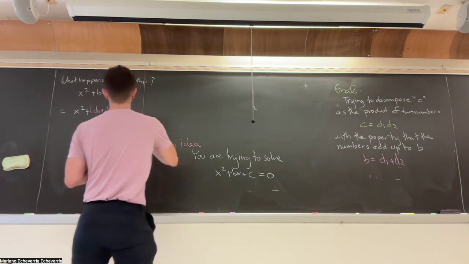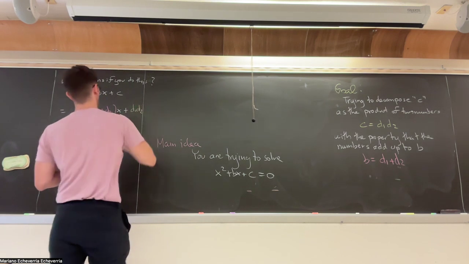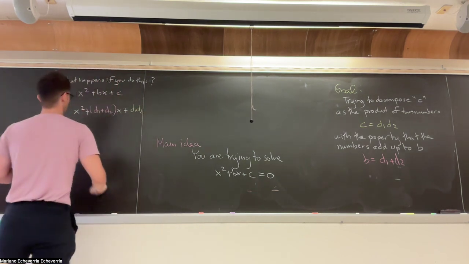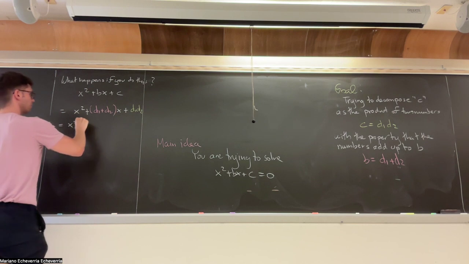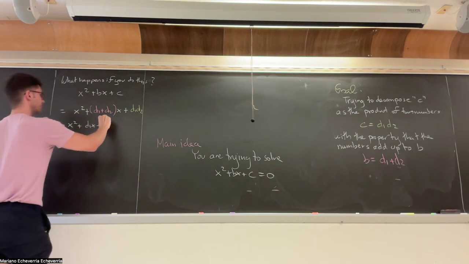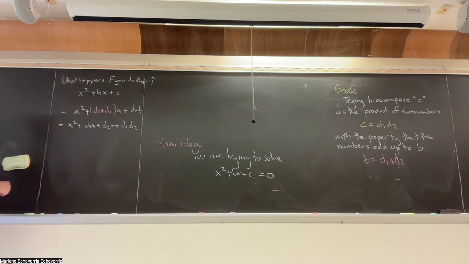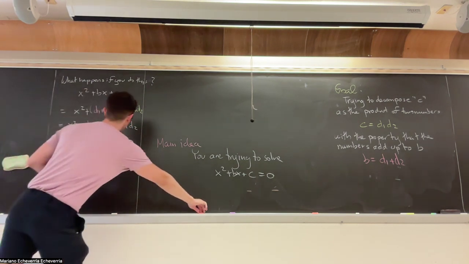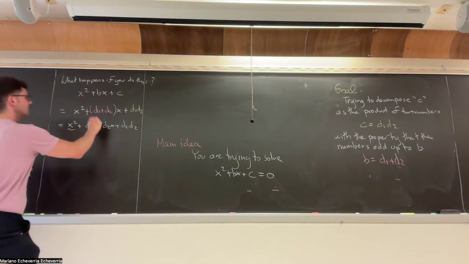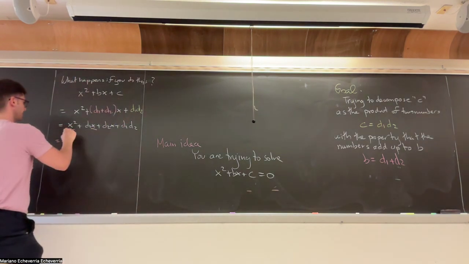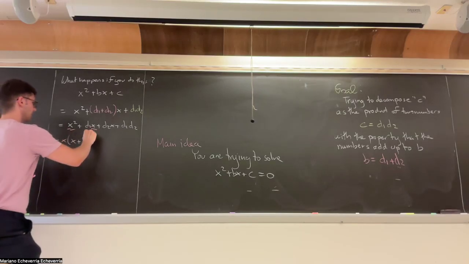And then C is d1 times d2. Okay. And then this is x squared plus d1x plus d2x plus d1d2. And so there's an x here, so you do exactly the same thing that I was doing a bit earlier. You factor out the x for the first one, so you get x plus d1.